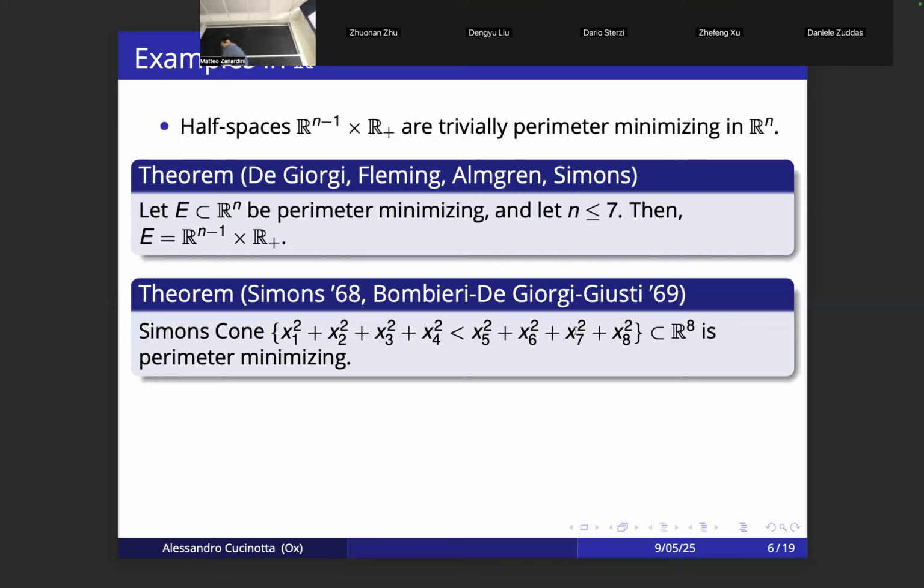But Simons didn't prove that it was perimeter minimizing. He only proved that it is minimal and stable, which is a slightly weaker condition. Then one year later, Bombieri, De Giorgi, and Giusti, in a famous paper, managed to prove that it was actually perimeter minimizing. So this is the first non-trivial example, and this also shows that the above theorem is sharp. So it covers the full picture.